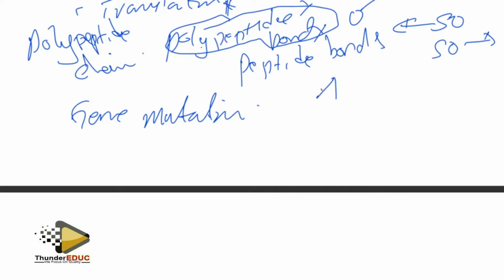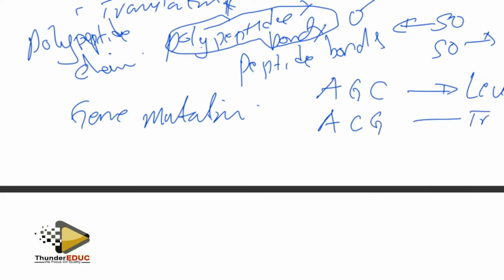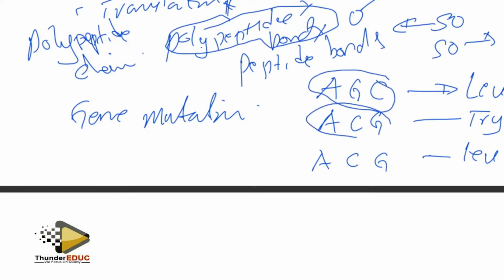If you have AGC, and this codes for leucine, and you have ACG here, and this codes for tryptophan, and then you have ACG, and this also codes for leucine. Then they ask you, how will the protein be affected if this is changed to this?